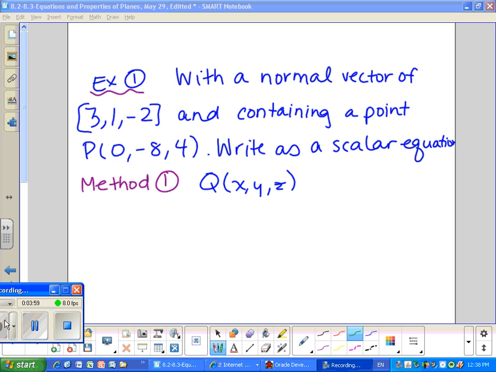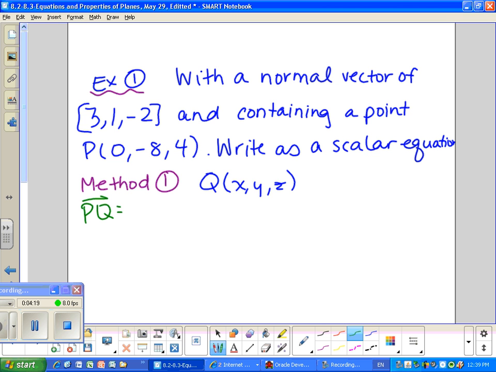So the first method is using the dot product. What do we know about the dot product when it equals 0? What do we know about those two vectors? It's orthogonal, or perpendicular. So if we can find a perpendicular vector, that will help us to find this equation. So if we have PQ, would we be able to find that vector based on these 2 points? If we made up Q equals x, y, z, can we find that vector?